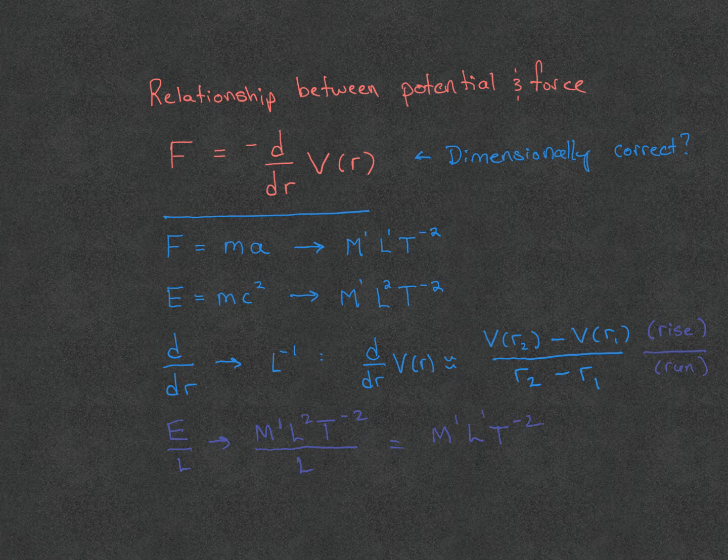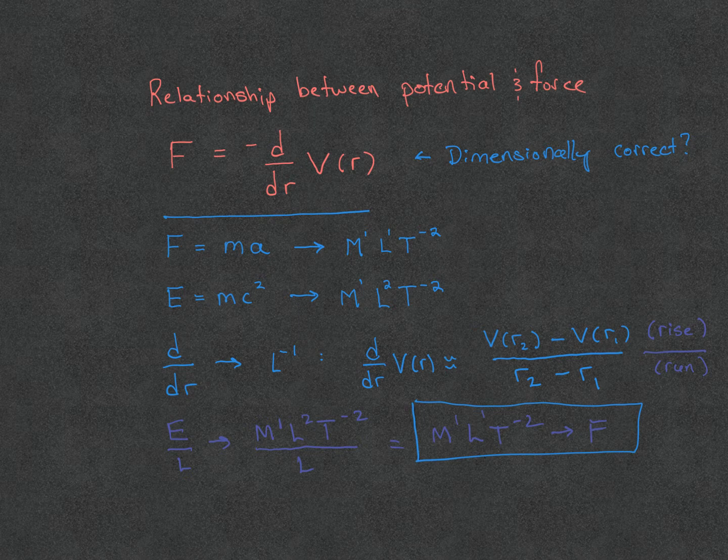And that's what we determined is the dimensions of force, okay? So this statement is correct. Dimensionally, this makes sense. That's what we've shown here, that taking the derivative with respect to a length variable of the potential could plausibly yield a force because the dimensionality is correct. Okay, now the other question is this negative sign.